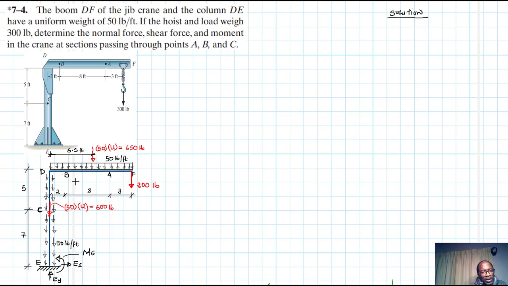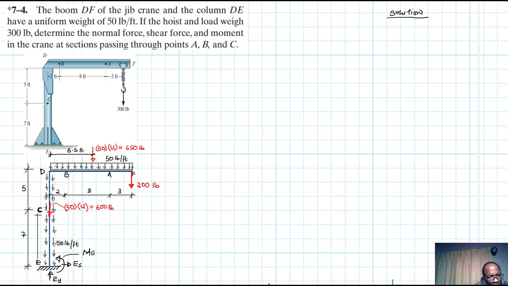So we are going to apply the equations of equilibrium as usual. I didn't indicate where this equivalent force on the column is acting; it is at half the length of the column. Let me indicate it.